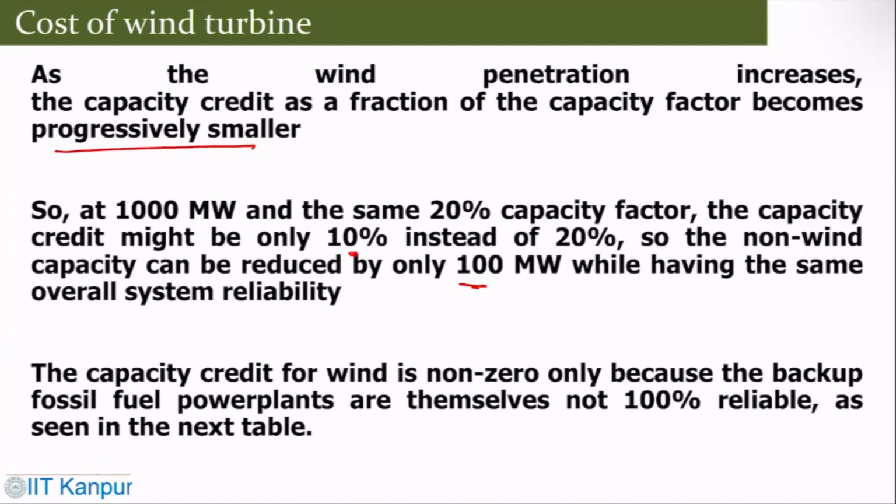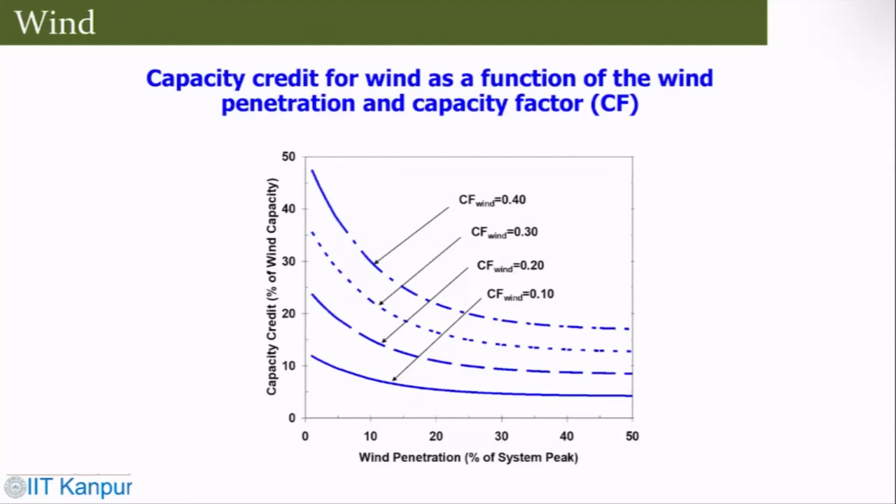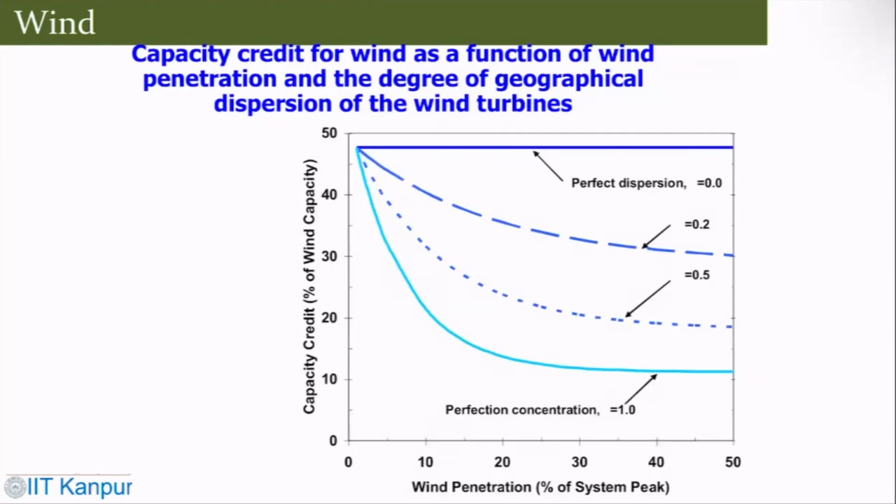The capacity credit for wind is non-zero only because the backup fossil fuel power plants are themselves not 100% reliable, as seen in the next slide, which you can see here. The capacity credit for wind as a function of wind penetration and capacity factor gives you an idea of how these things vary.